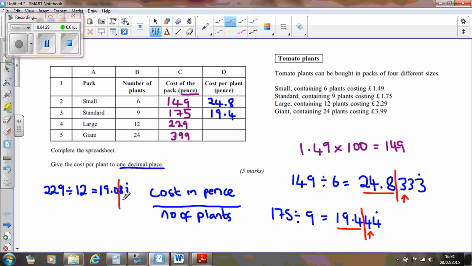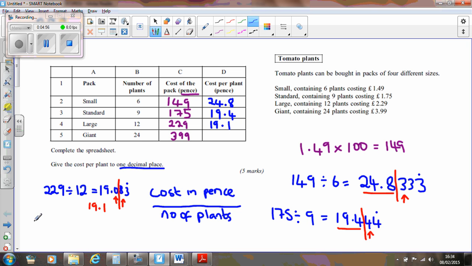Now if you see this number here, this 8 is above 5. So it's anything that's a 5, 6, 7, 8 or 9 means that this one here has to go up 1. So this makes it 19.1 because it's gone up 1 because of that number. So that one is going to be 19.1.